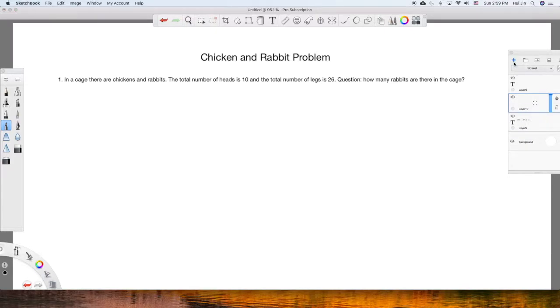So let's get another layer. The second method, I call it, okay, it's my term, the unit modification method. We first start with an assumption.